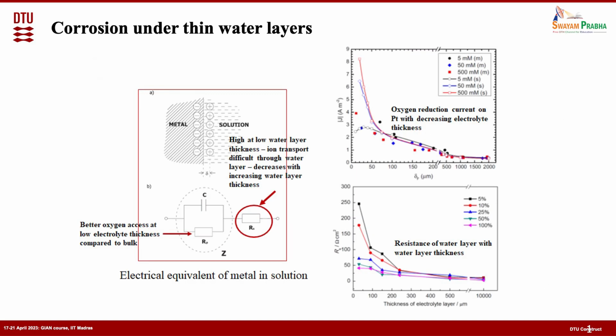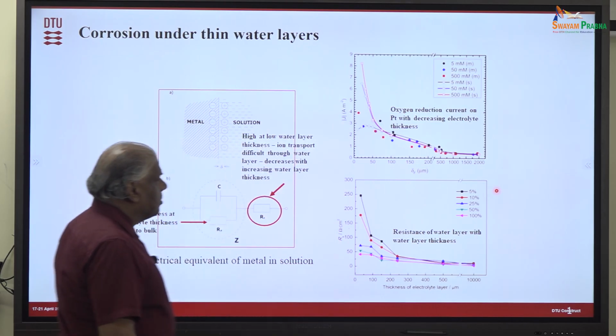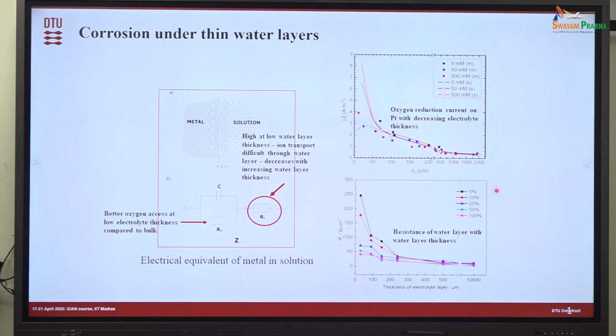If you look at the studies people have done in the literature with platinum with a decreasing electrolyte thickness, you can see that in general, as you reduce the water film thickness, the oxygen reduction reaction rate is increasing, as we expect. And at the same time, you can see how the resistance of the water film increases with the change in electrolyte thickness.